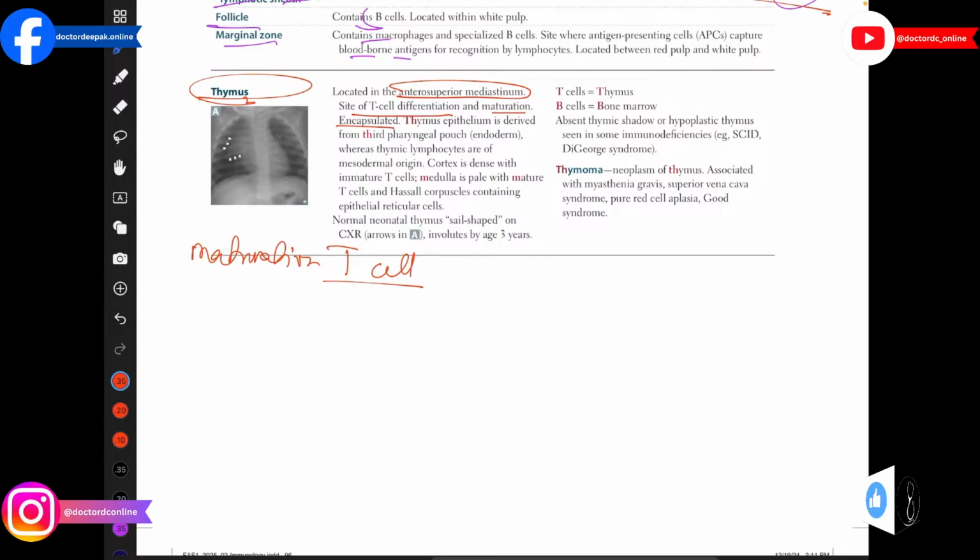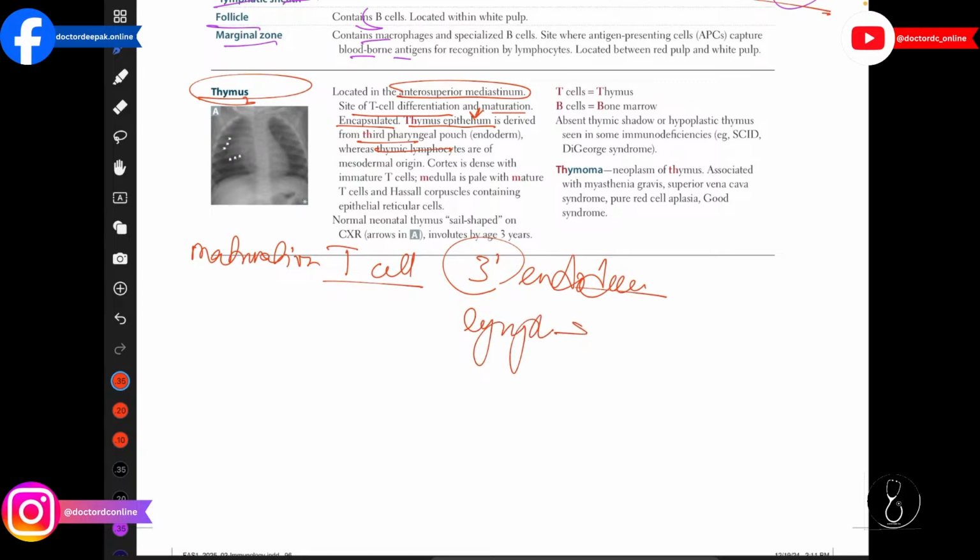The main fact about the thymus is that the thymic epithelium is derived from the third pharyngeal pouch from the endoderm, but the thymic lymphocytes are derived from mesoderm. That is the amazing fact about the thymus.